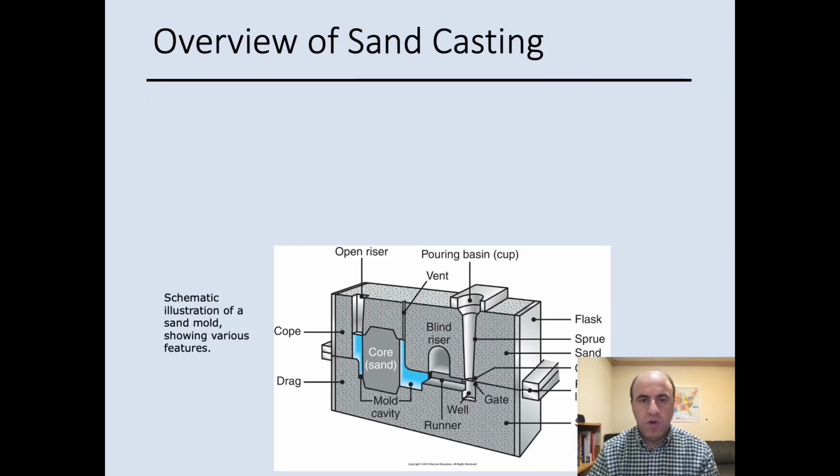Here is the overview of sand casting. We mentioned before that we have a pouring cup, or pouring basin, and then we have a gate, and then a runner which goes to the mold cavity. We may have some core to make an internal feature. We have a riser, or metal reservoir.